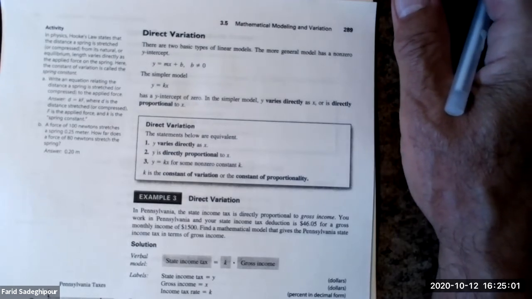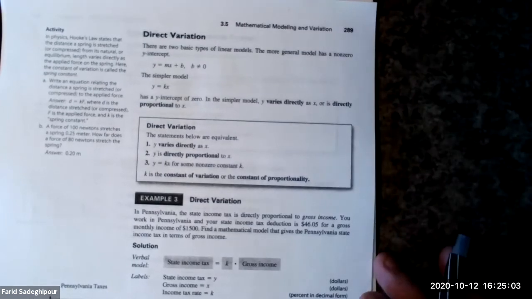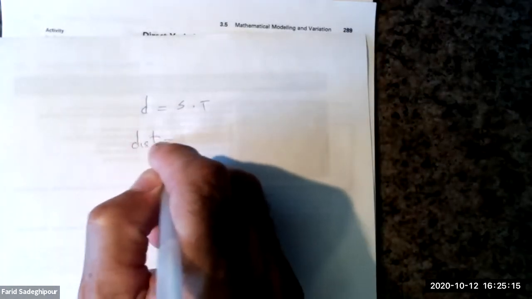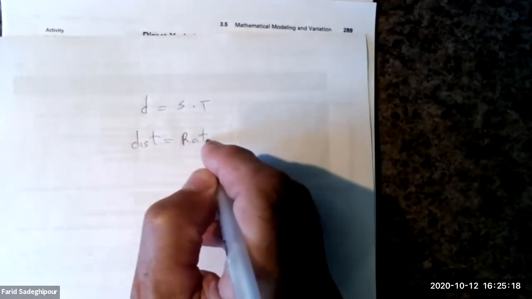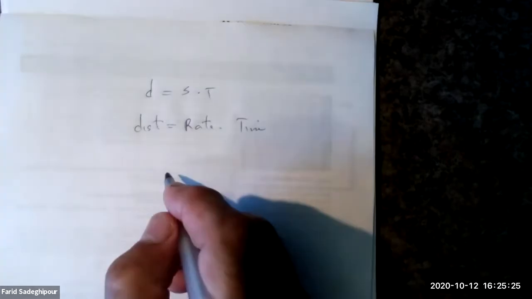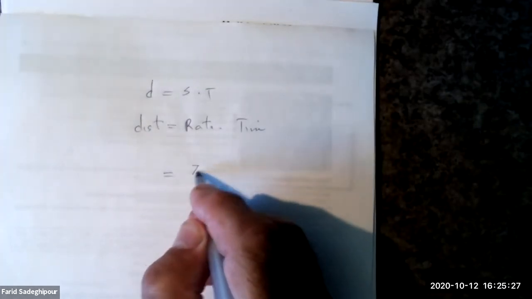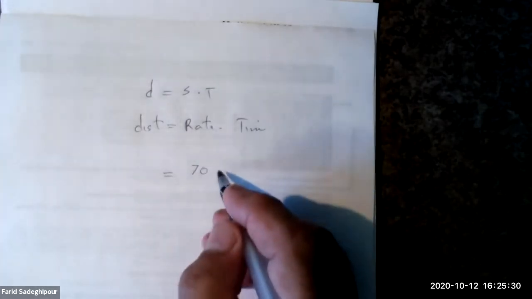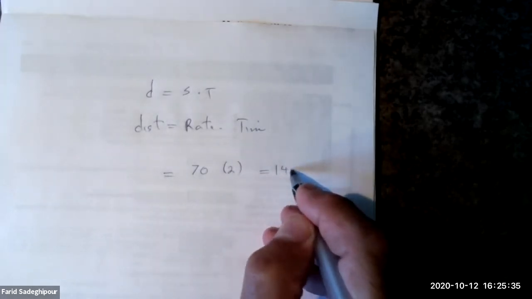For instance, let's say you have the distance formula, that the distance is speed multiplied by time, or distance is rate multiplied by time. Okay? So let's say rate is 70 miles per hour and time is 2. Then the distance would be 140 miles.